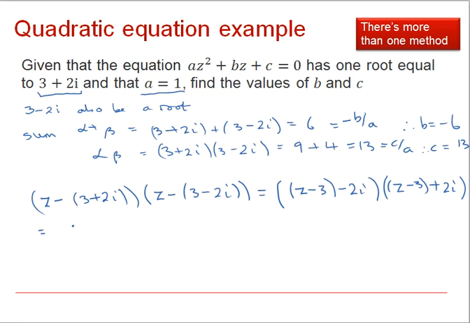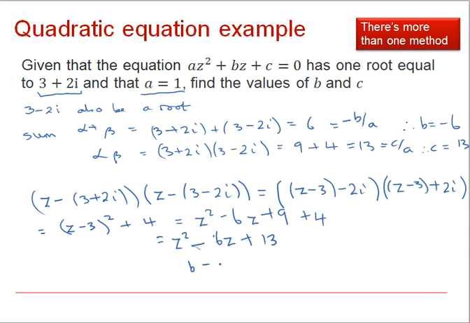The reason I've done that is because then it's easier to see that it's, again, using the difference of two squares, z minus 3 squared plus 4, which is z squared minus 6z plus 9 plus 4, or gathering those terms together, z squared minus 6z plus 13.